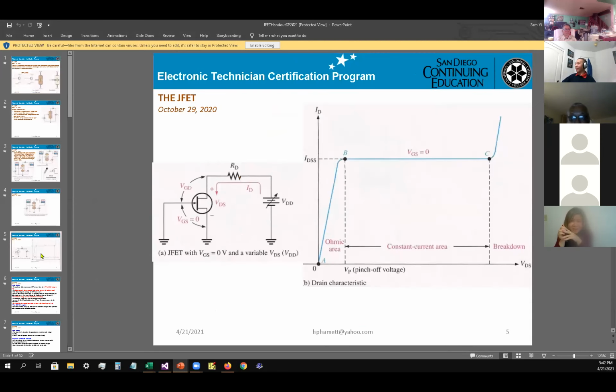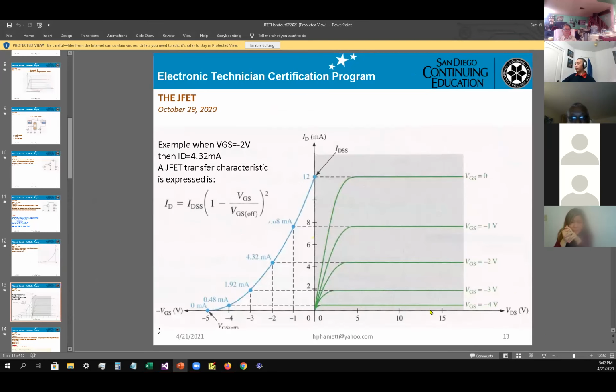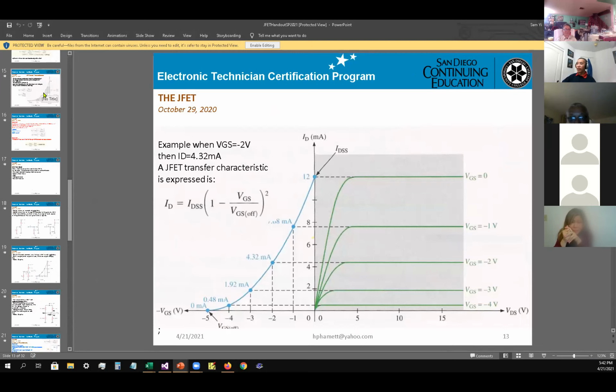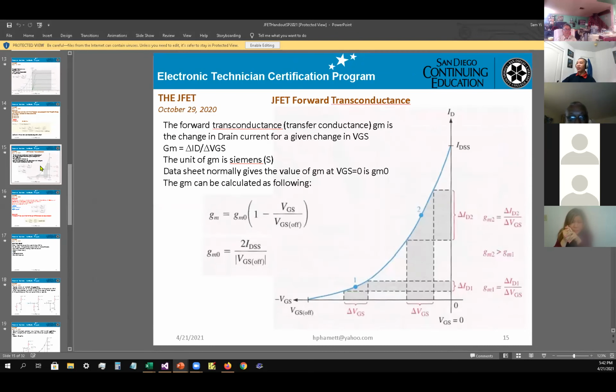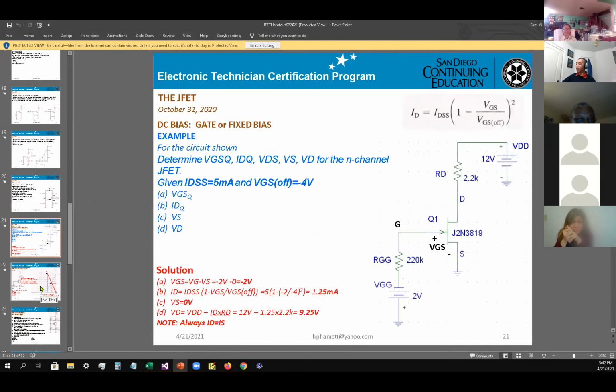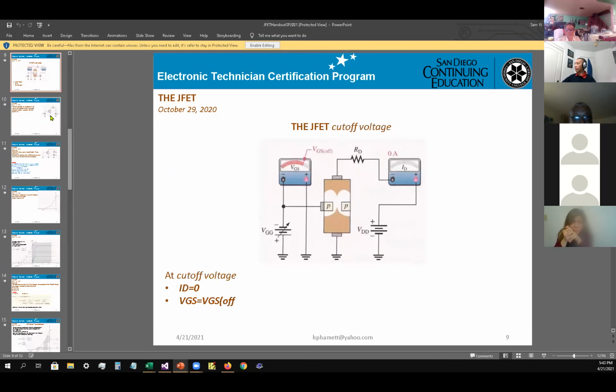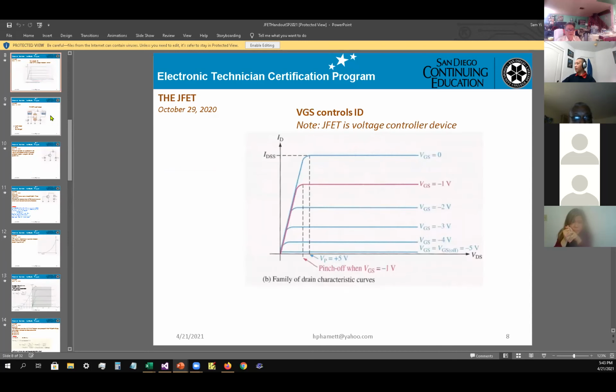Okay, so now go to the next one, and the next one. It has to go up, not down. As the current goes up in the ohmic region, we go up with it.